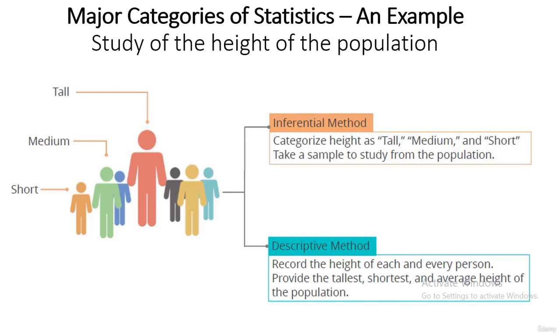In the inferential method, we categorize height as tall, medium and short, and take a sample from the population to study. That means we are taking a sample to infer, to conclude.